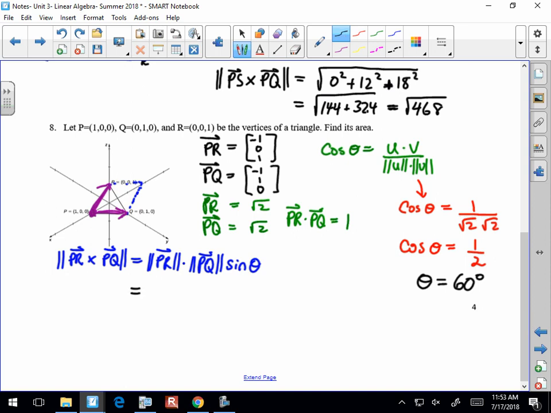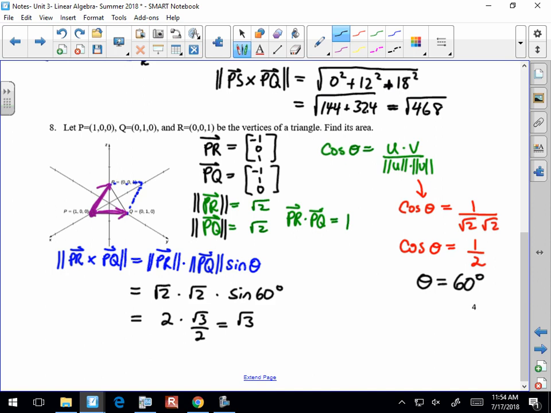All right, so my two magnitudes. Oh, sorry. Found the magnitudes, didn't actually write magnitude. So root 2 times root 2 times the sine of 60 degrees. So 2 times root 3 over 2, which is root 3.